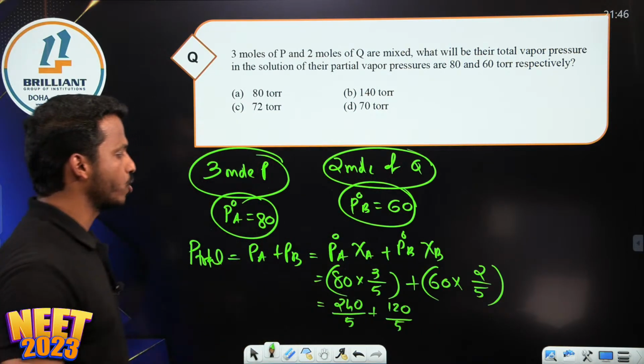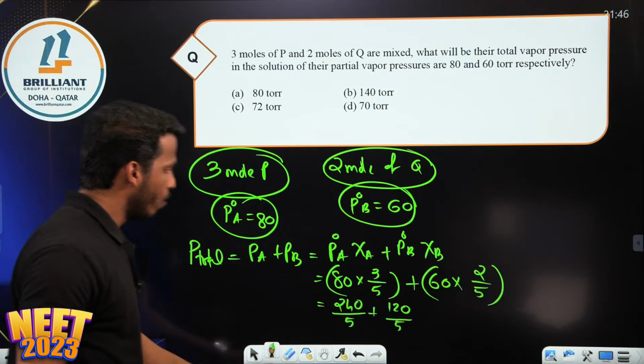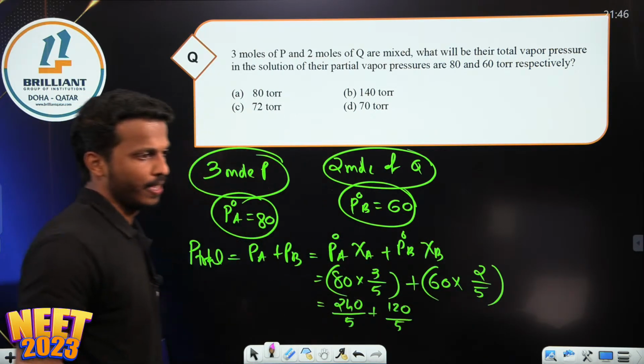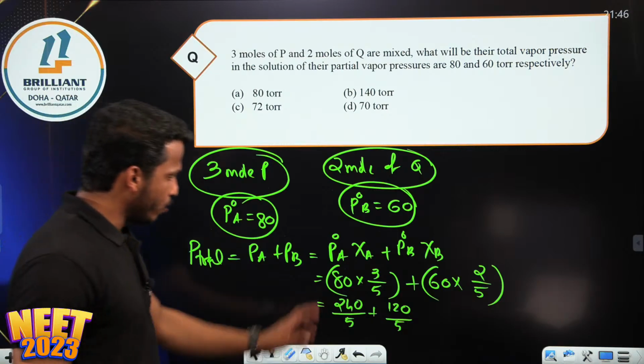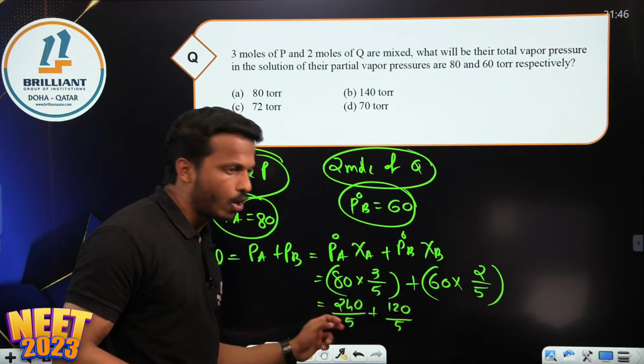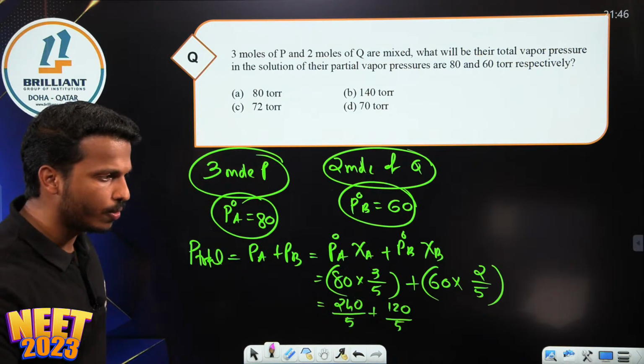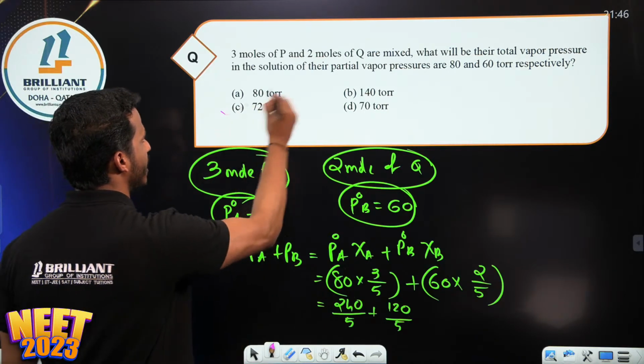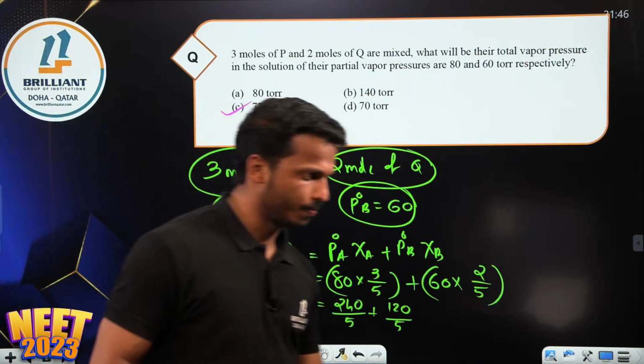So 240 plus 120 whole divided by 5. That's equal to option C, 72 torr.